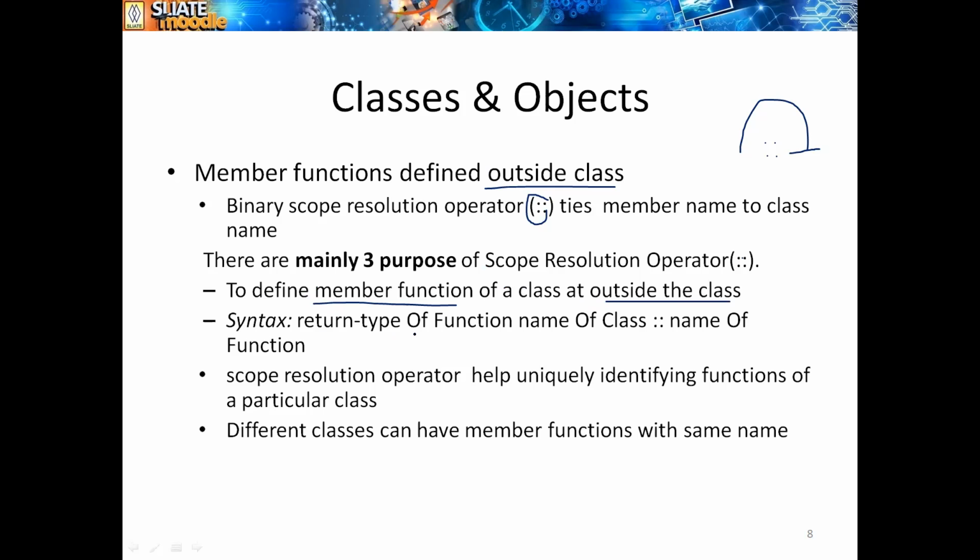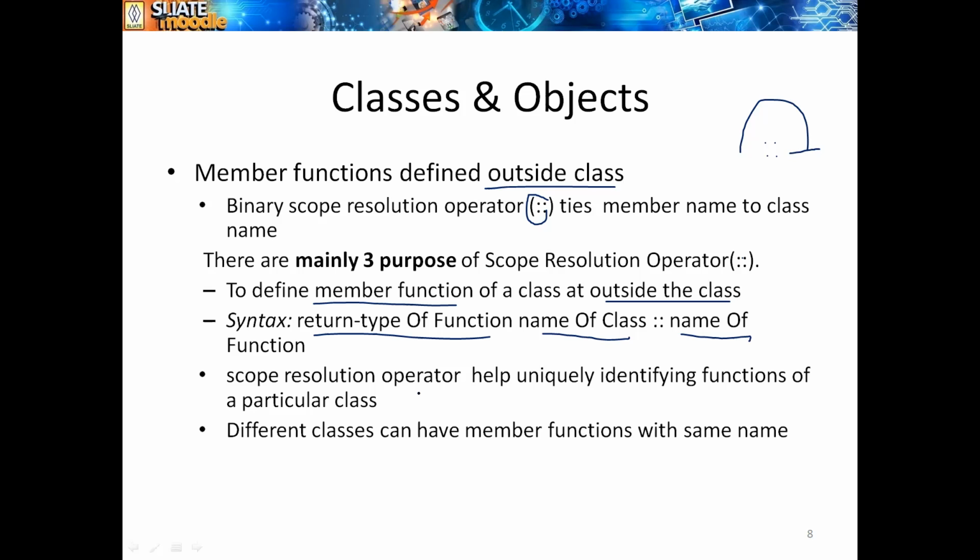Syntax: the return type of the function, void or int, like this. For example, we write void, then the class name student, then the resolution operator, then the function name read marks. The scope resolution operator helps to uniquely identify the function of a particular class.